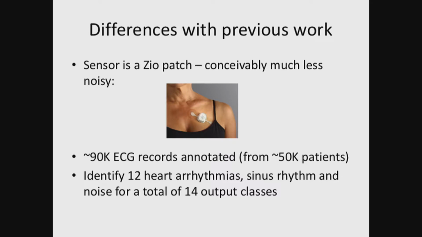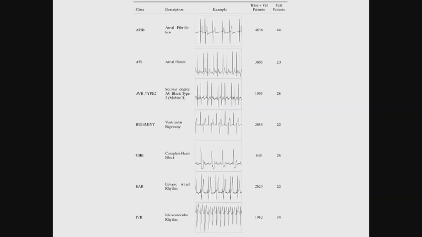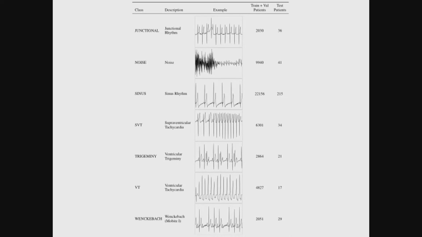We're, in essence, breaking apart that other class into much finer grained detail of different types of abnormal rhythms. And so here are some of those other abnormal rhythms, things like complete heart block, and a bunch of other names that I can't pronounce. And from each one of these, they gathered a lot of data.